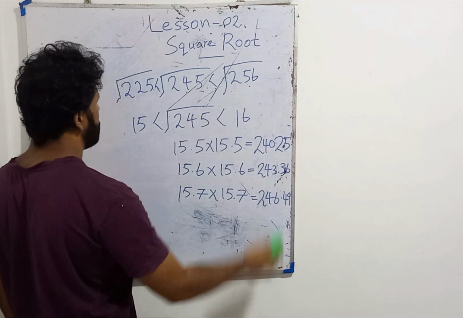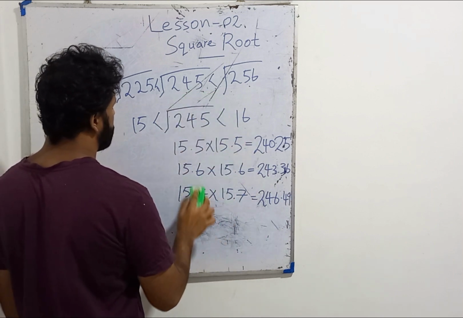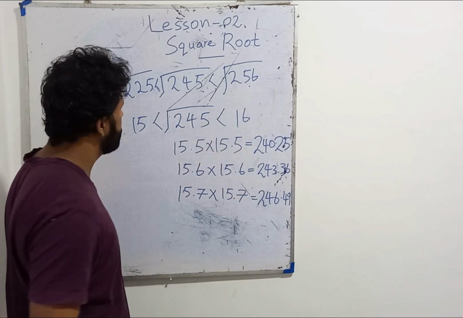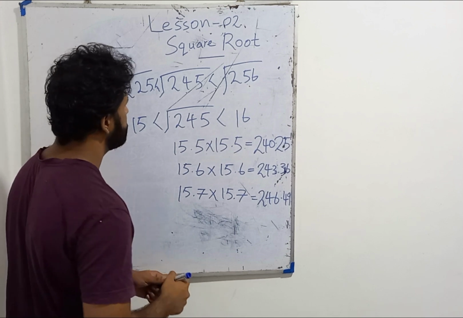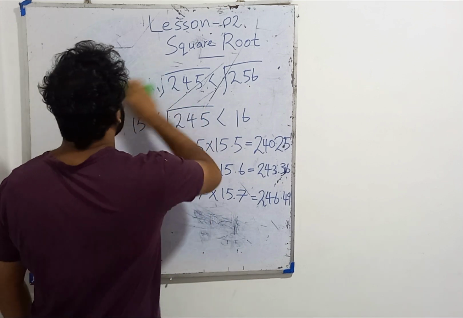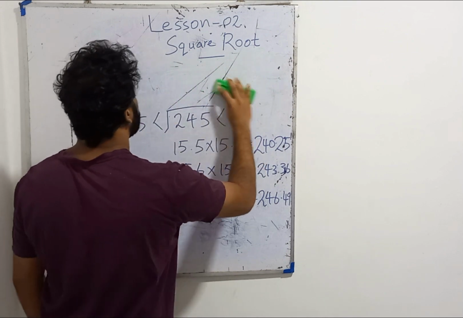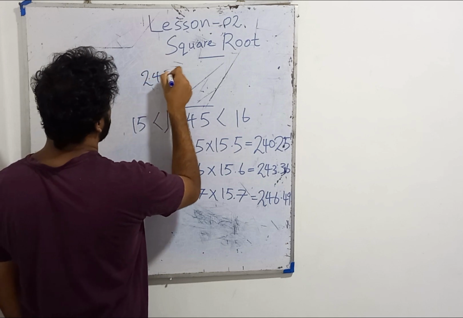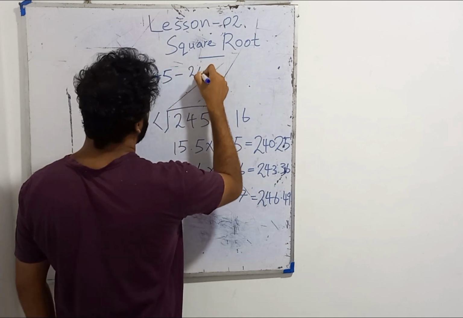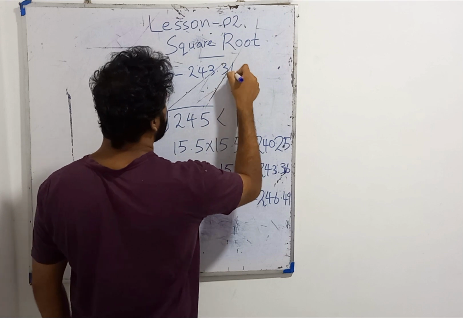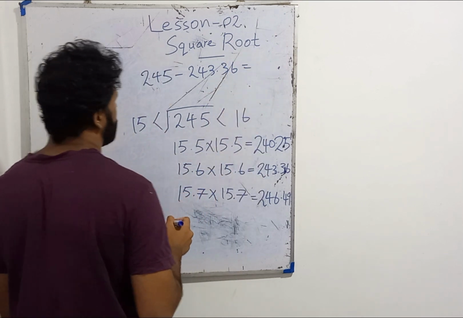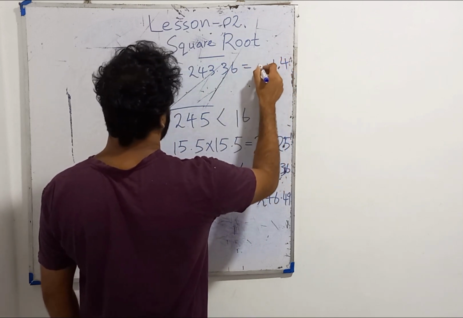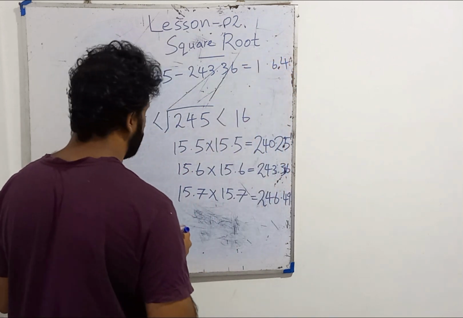So the first approximation of 245 is going to be either 15.6 or 15.7, whichever is more close. Let's take the difference. 245 minus 243.36 is 1.64.